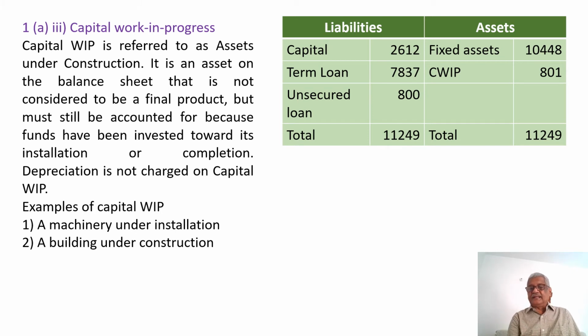Because the fund has already come by way of unsecured loan, and having brought in that money as a source, naturally on the asset side it should reflect. That is why the capital work in progress is shown separately, because it cannot be depreciated, but it has to appear on the asset side for the simple reason that the company had already incurred some expenses on that, and the money spent on that appears as a source on the liability side.